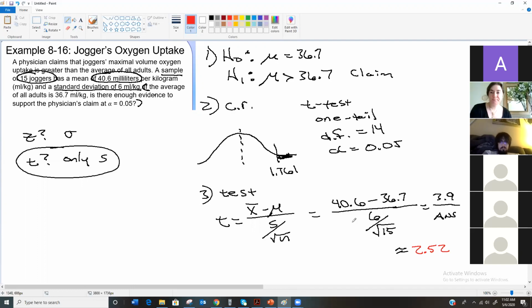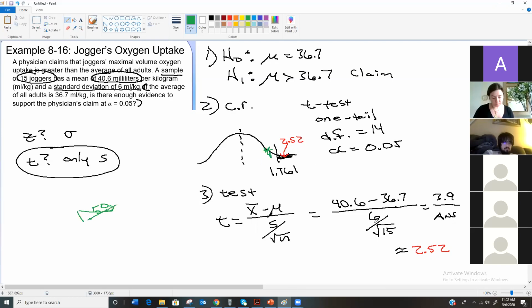We're good? Okay, good. And again, for some reason the book does way more rejects than it does not rejects. So 2.52 is up here. But say we had gotten 1.58, then we would be over in this area, and if we were in that area, we would not reject.